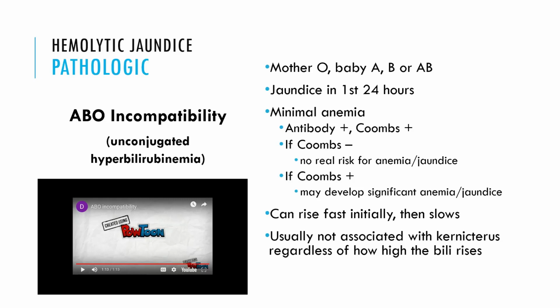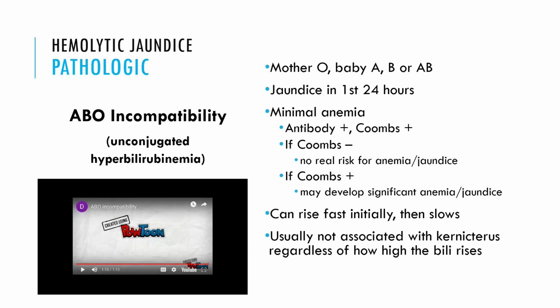And if the Coombs is positive, they may develop significant anemia or jaundice. This ABO incompatibility can cause a fast rise, and then it slows down. Usually not associated with kernicterus or neonatal bilirubin encephalopathy, regardless of how high the bili rises.